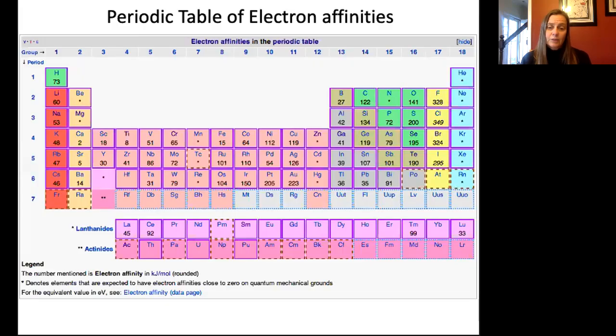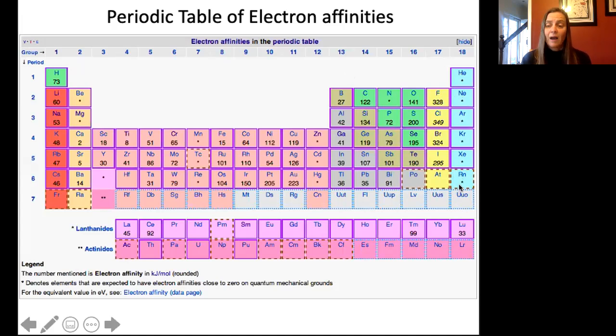And this just shows those numbers. You'll notice that the one big exception with electron affinities is that we kind of ignore the noble gas family, because the noble gases don't have high electron affinities. They don't form ions easily. They do have ionization energies.